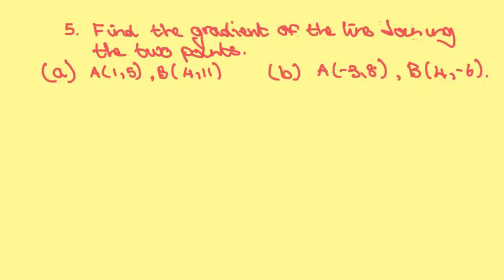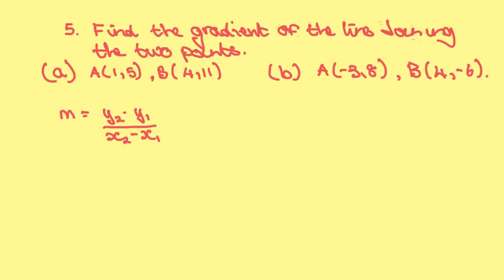Question 5. Find the gradient of the line joining the 2 points. Point A is (1, 5), point B is (4, 11). So start off with your gradient formula. m equals y2 minus y1 over x2 minus x1.